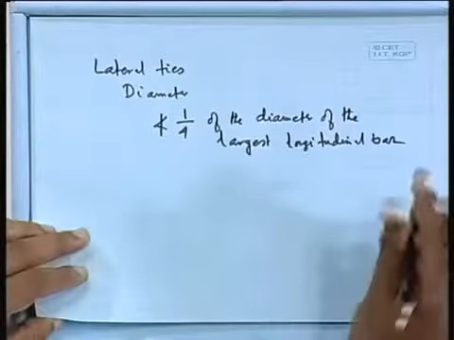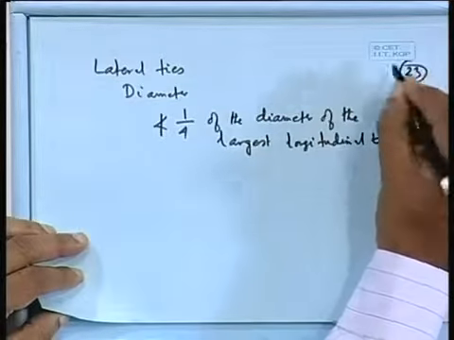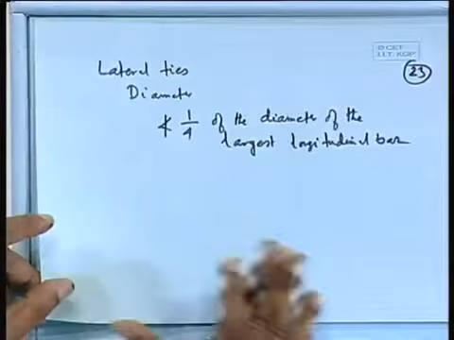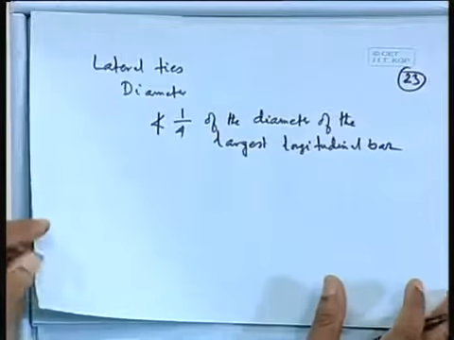So with this we now know the restrictions, and with this we have to design the compression member. It is very simple.